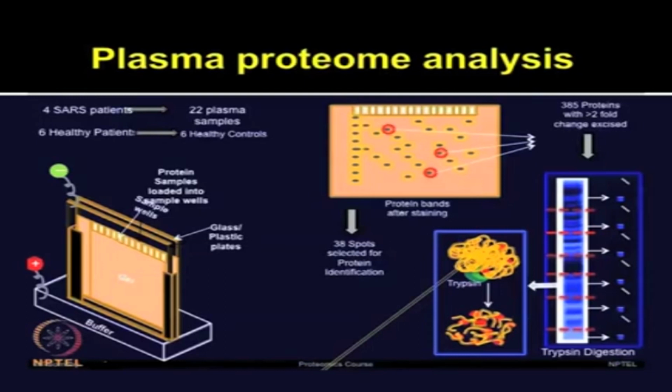For both the controls and the treatments, the healthy individuals as well as patients suffering from SARS, the plasma was separated and then proteins were resolved on the 2D gels. Differentially expressed proteins were further subjected to in-gel trypsin digestion followed by mass spectrometry.